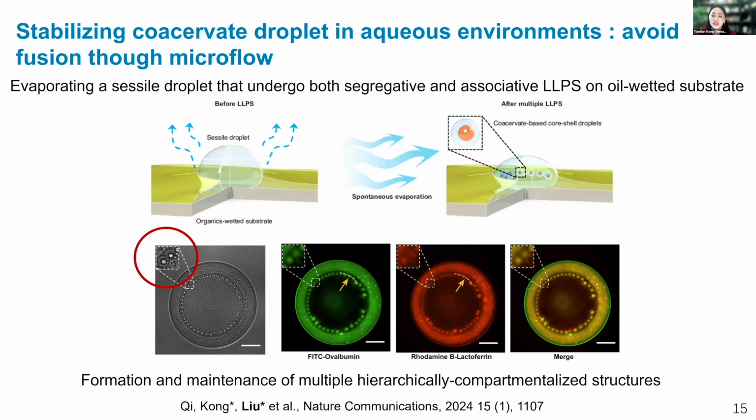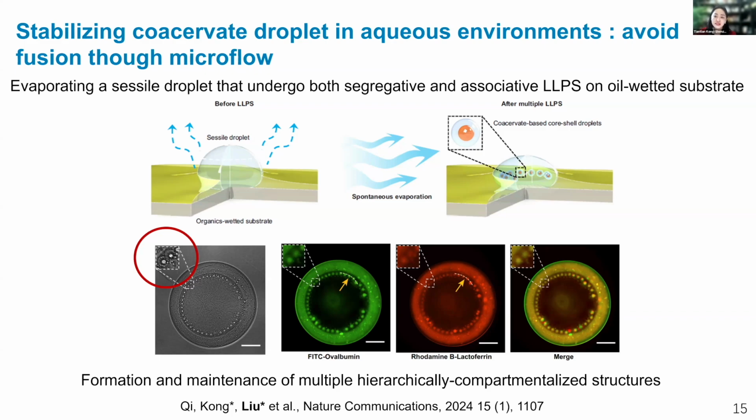Over time, we observe a ring of coacervate phase-separated droplets forming at the edge of the original droplet, and remarkably, they remain distinct and stable with no additional particles. Typically, you need a stabilizing agent to prevent coalescence, yet here the evaporation-driven microflow effectively keeps these droplets from fusion and preserves their sizes. This shows a self-assembling route to achieve stable, hierarchical and complex droplet structures.